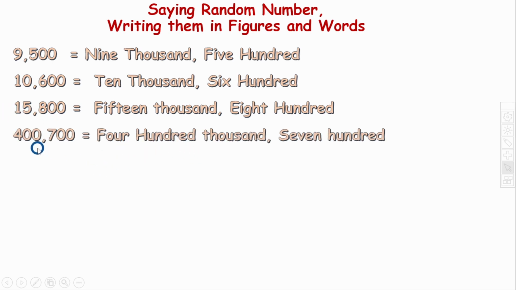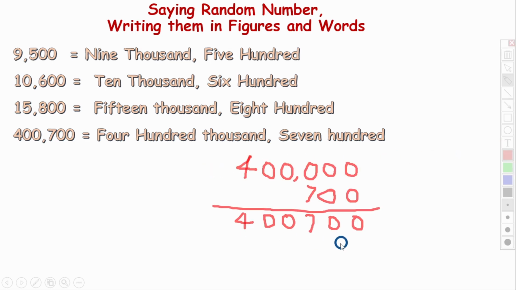The next one is 400,700. Let me tell you how this number was formed. This is exactly the same way as I explained initially. If you want to apply the comma, you count from here: 1, 2, 3, and you put your comma here.